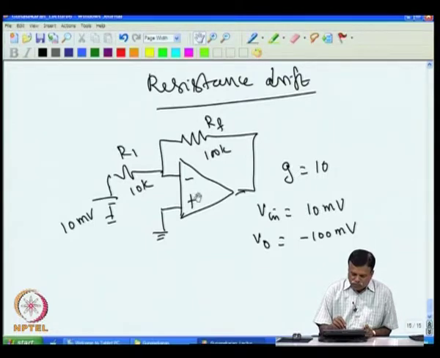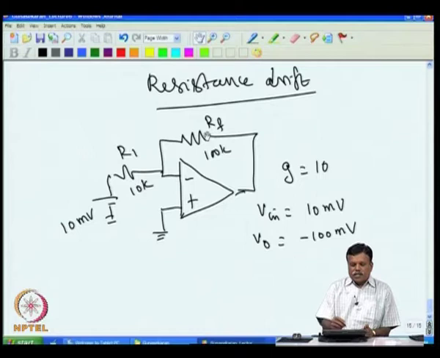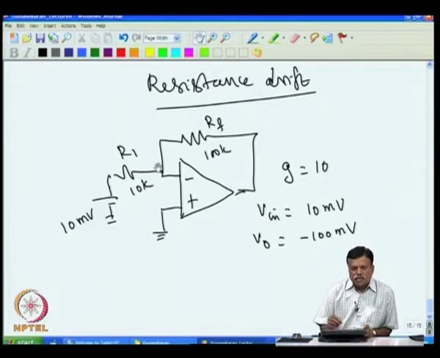Even if we assume this, as long as this 10 millivolt is constant, we expect the output to sit at minus 100 millivolt, but this will not happen in real life, because when the ambient temperature changes, the resistance value of this is changing and the resistance value of this is changing. The gain that we have now is actually 10, because this is 100k and this is 10k, the ratio is 10. But then when the temperature goes up, this resistance also will change, this also will change.